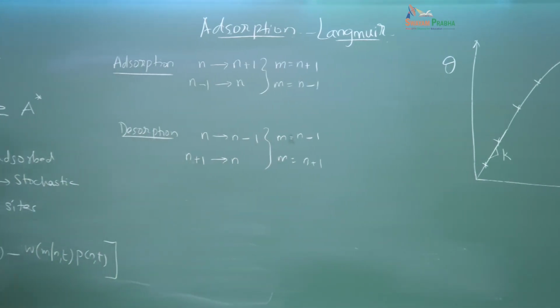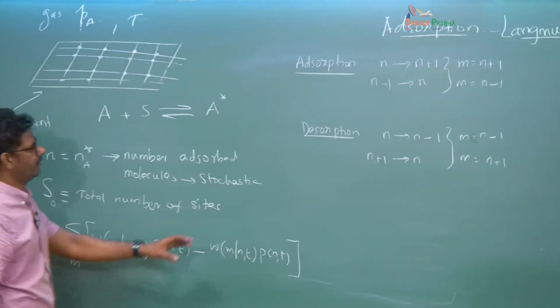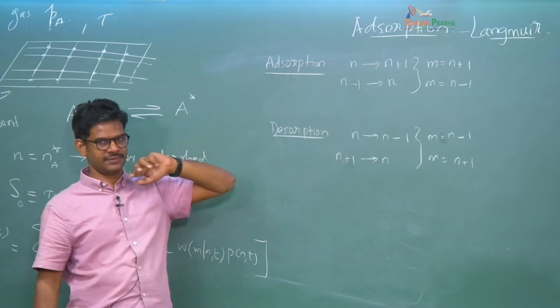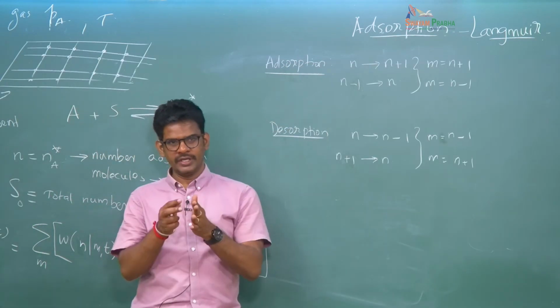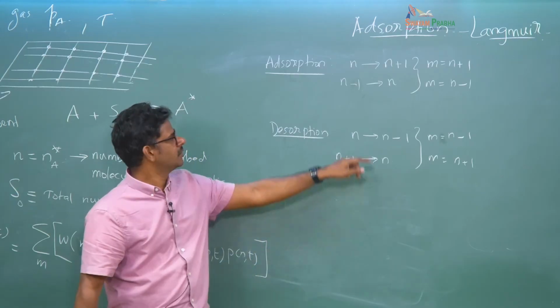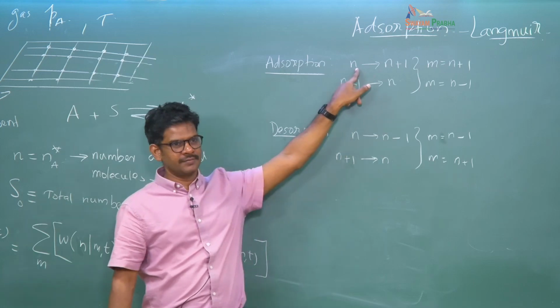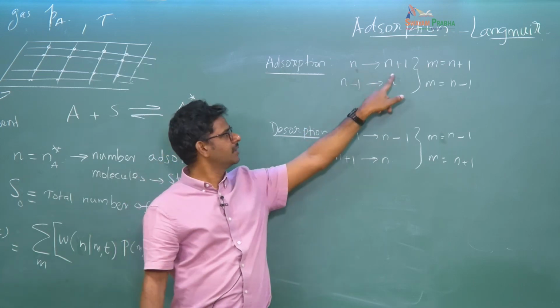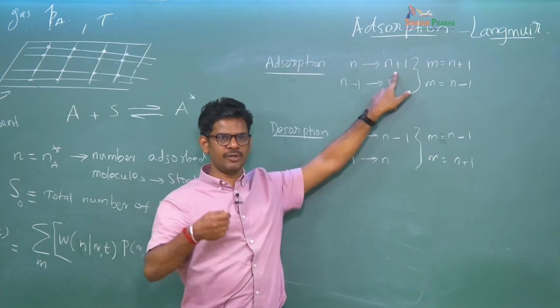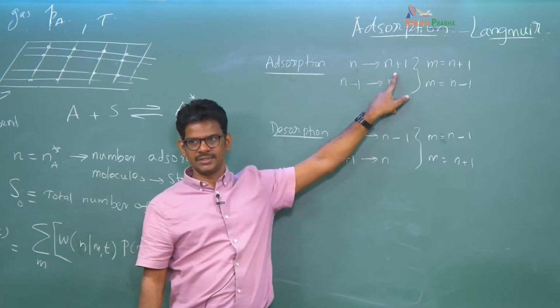So if you look at this problem, we have two reaction channels, adsorption and then desorption. In the adsorption, you are looking at what are the events that will affect state n. So when the state is at n, any adsorption can take the system to n plus 1, because adsorption means adding one molecule to the adsorbed sites.